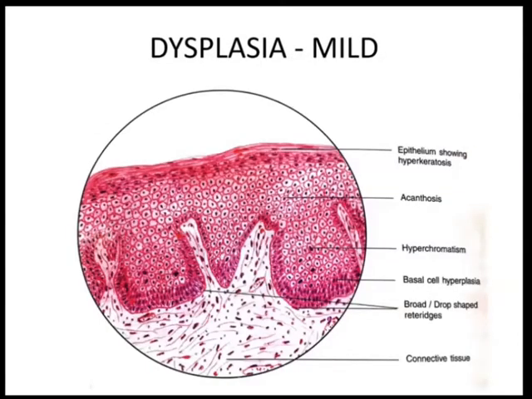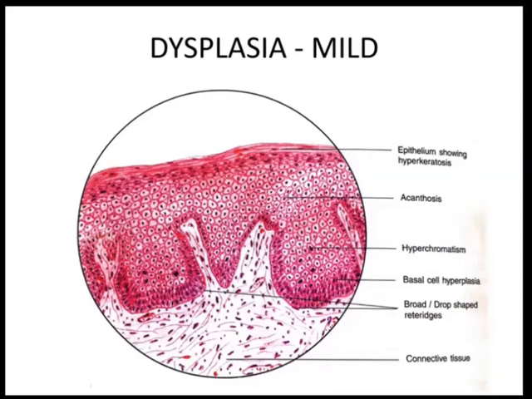Coming to mild dysplasia, here you can see both the architectural changes and the cellular changes in the epithelium. Starting with the architectural changes, you can see broad or drop shaped ridges which are due to basal cell hyperplasia. There will be acanthosis, that is increased spinous layer, followed by a superficial layer.